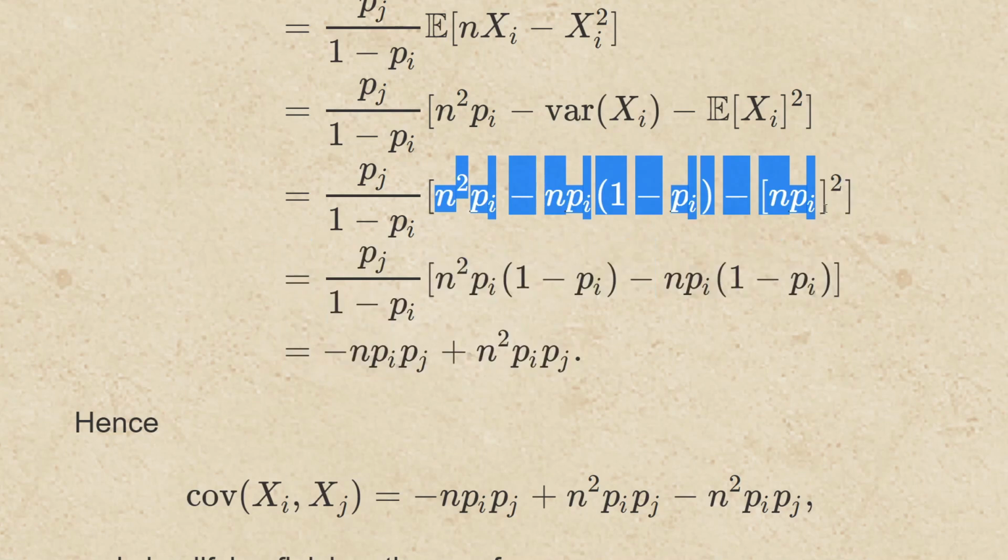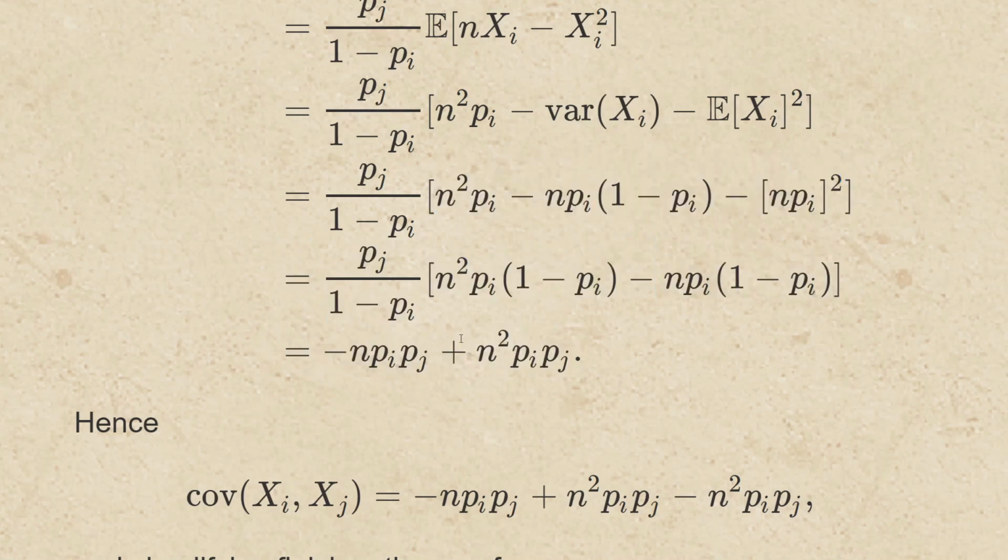When we take all of this inside the brackets and simplify, we end up with n squared p sub i times 1 minus p sub i minus n p sub i times 1 minus p sub i. Well, fortunately, I've got a 1 minus p sub i in the denominator on the outside to cancel both these things.